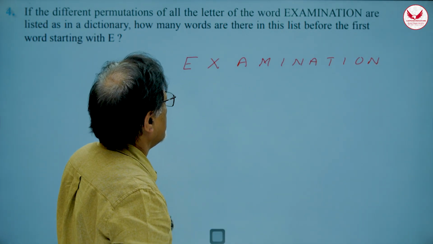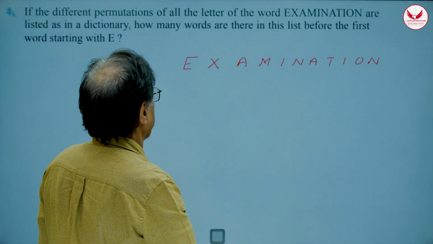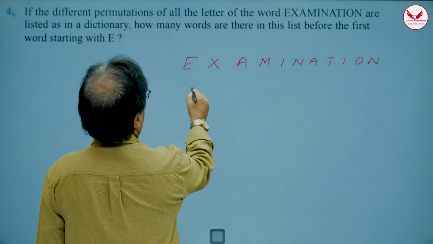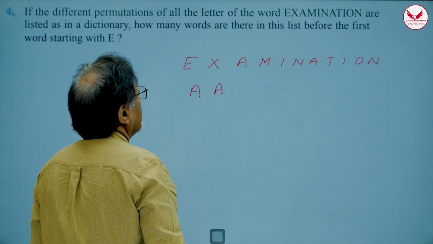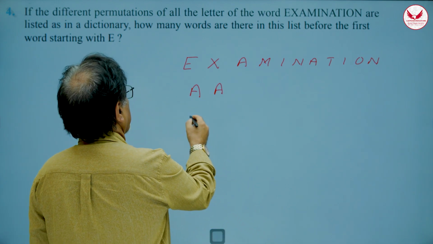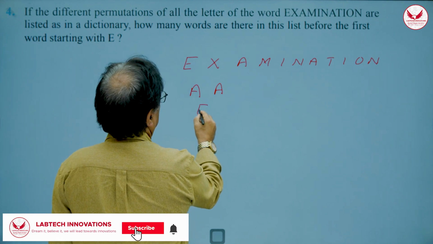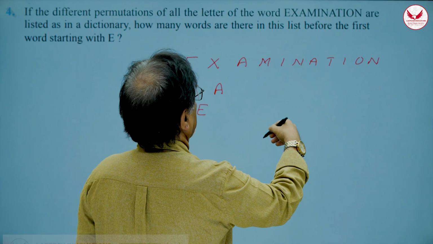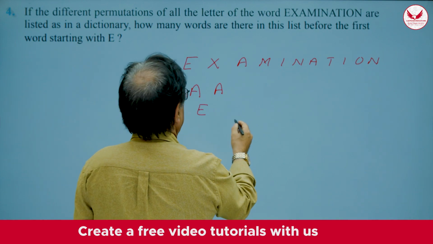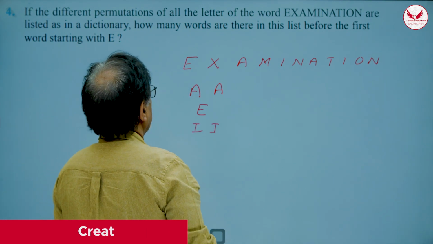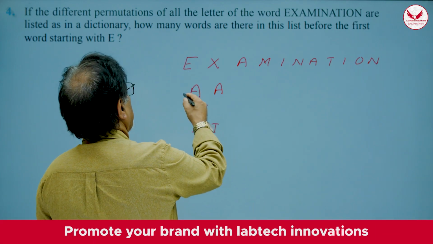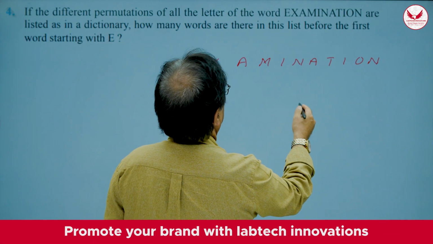Now, if I want to write the letters in alphabetical order, the first will come A, and there are two A's in this, so AA. Then after A there will be E. Then F, G, H, I. Now it comes to I, and there are two I's here, so let us write them.